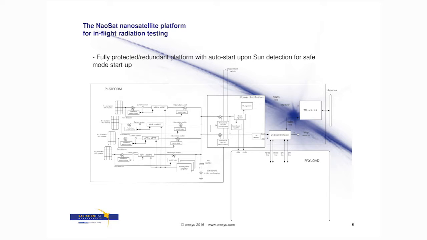And in case a latch-up or a single event is produced, the platform is able to automatically stop the payload or the thing that is malfunctioning, reset itself, and continue working without problems.